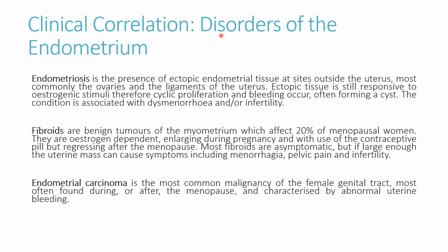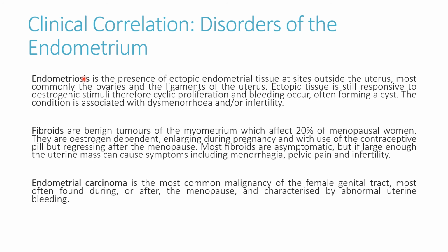About some of the conditions of uterine cavity: endometriosis, fibroids, and endometrial carcinoma as mentioned here. Endometriosis is the presence of ectopic endometrial tissue at sites outside the uterus. We have seen already endometrium is the inner mucous membrane layer of the uterine cavity that is supposed to be present only in uterine cavity.